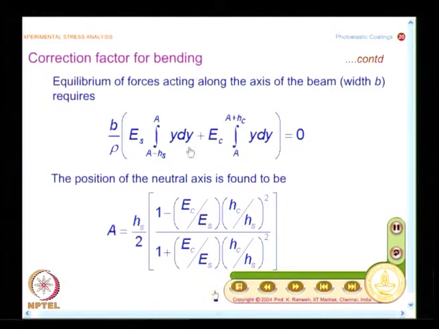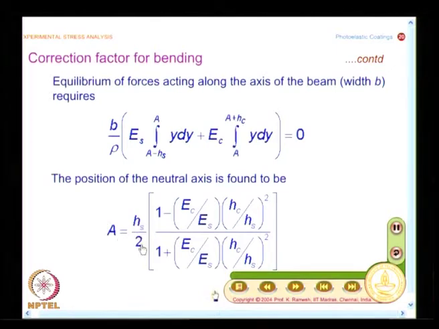So, I have one written down for the specimen, I have another expression written down for the coating, and this reads like b by rho into Young's modulus of the specimen, integral with the limits going from A minus hs to A of y dy, plus Young's modulus of the coating, and the integral goes from limits A to A plus hc of y dy, equal to 0.